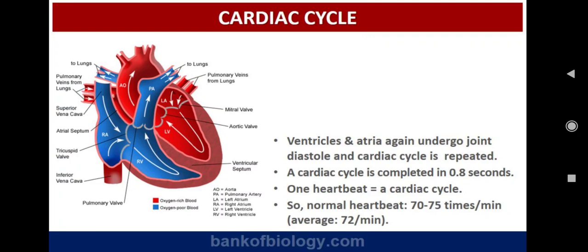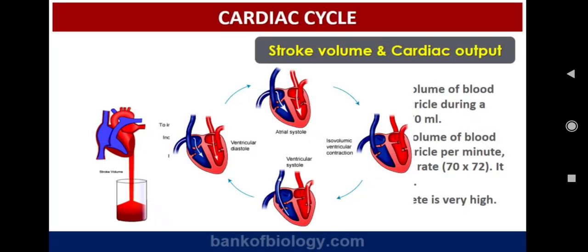Then gradually it attains the joint diastole state. So this is one cycle. In one minute, 72 cardiac cycles or heartbeats take place, is the concept.